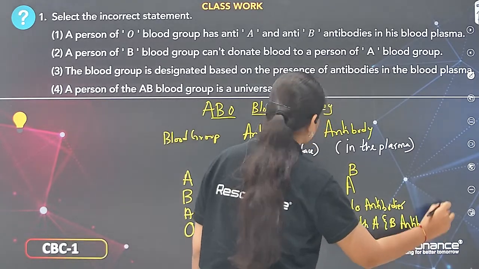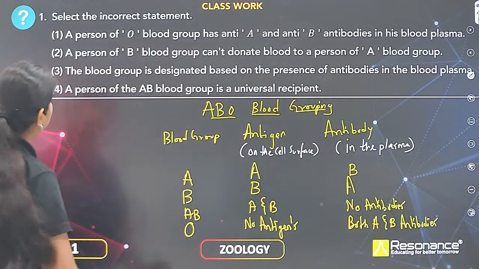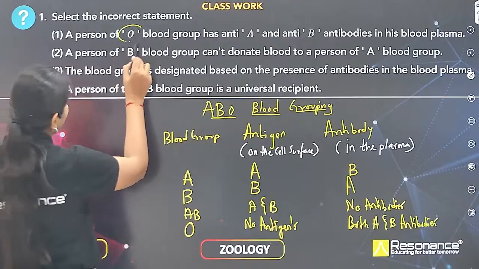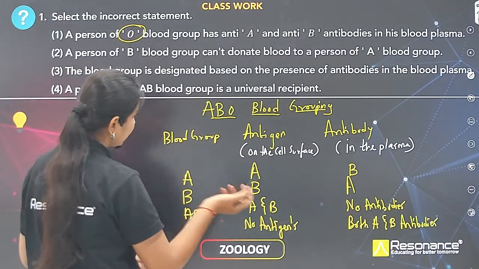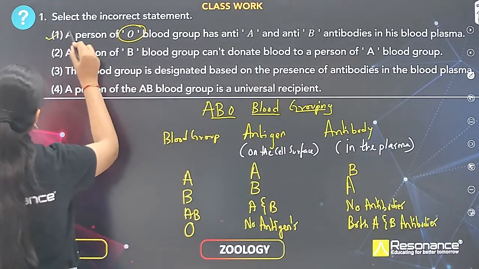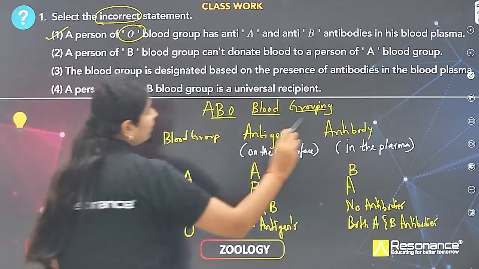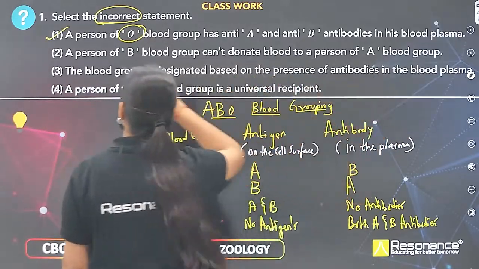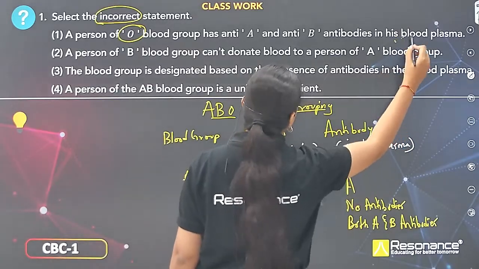Okay, so this is a generalized concept. Now let us analyze the options. They are saying a person of O blood group has anti-A and anti-B antibodies in the blood plasma. Yes, obviously that is correct, but they are asking the incorrect statement. So this is the correct statement, right? They are asking for the incorrect statement.